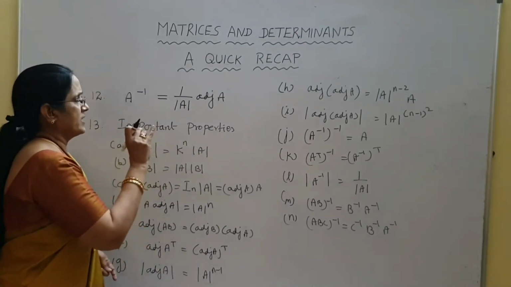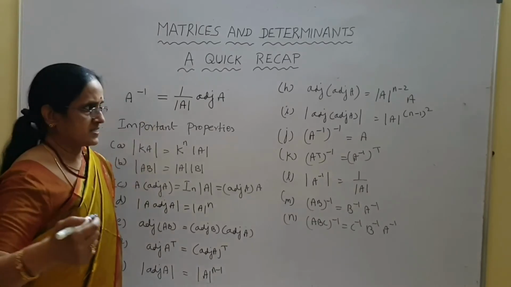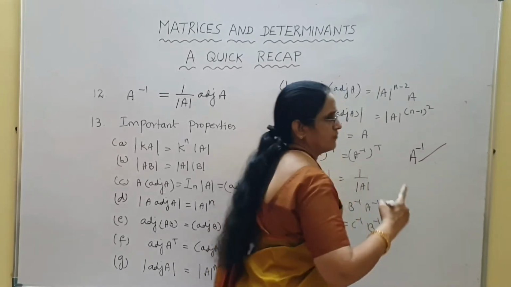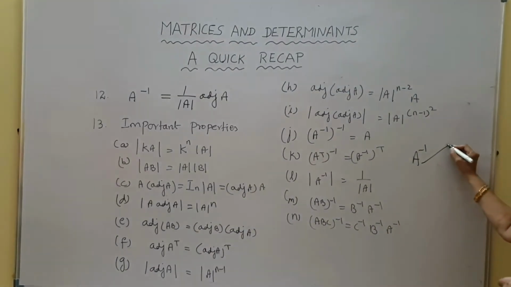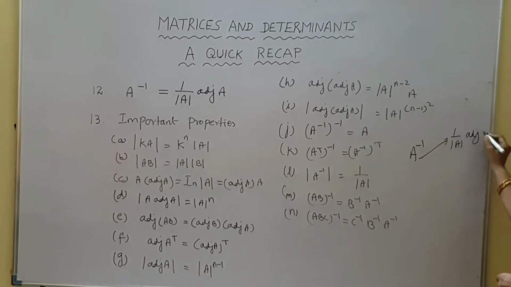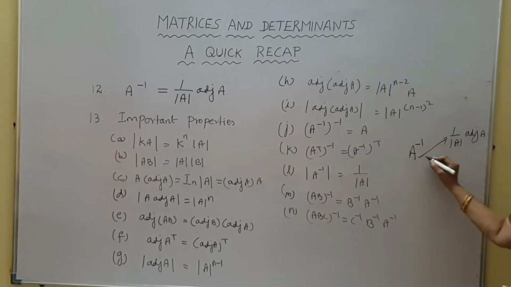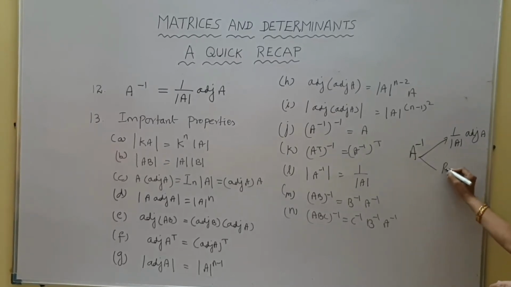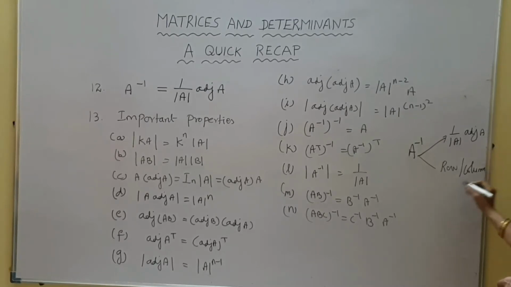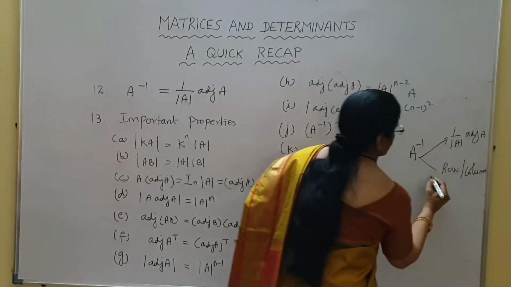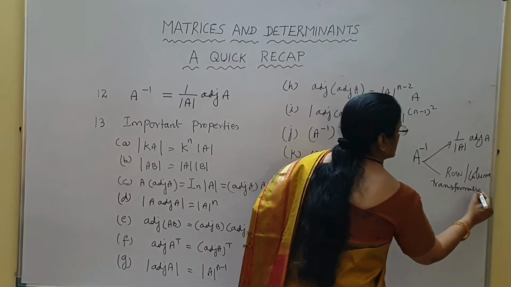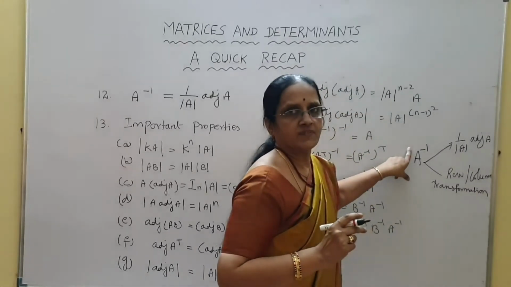For finding out A inverse, you have got 3 different methods. One is, you can straightaway use the formula 1 by determinant of A into adjoint of A. Other method is, you can use row or column transformation to find out A inverse.